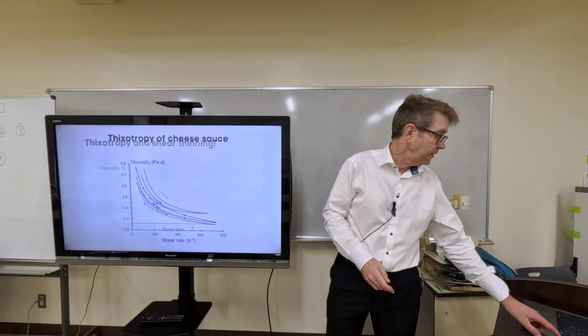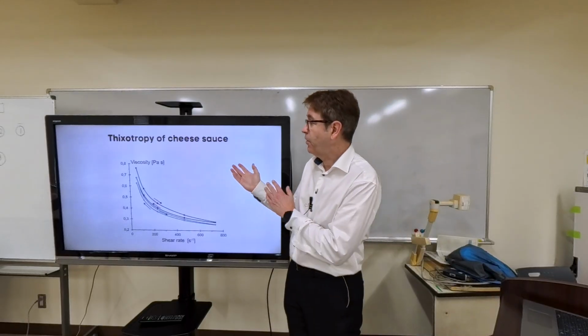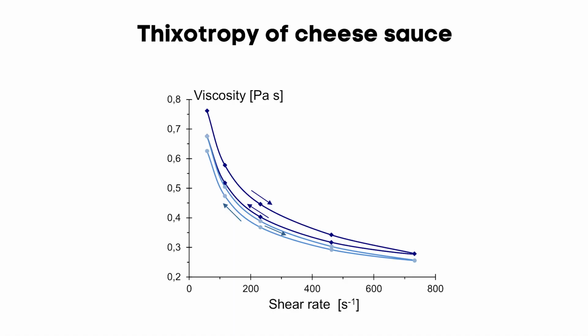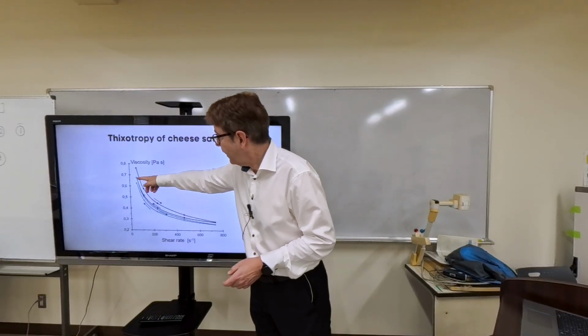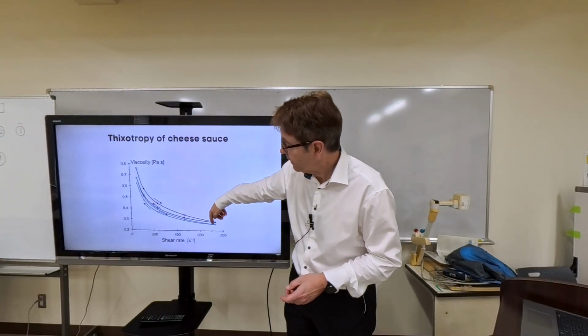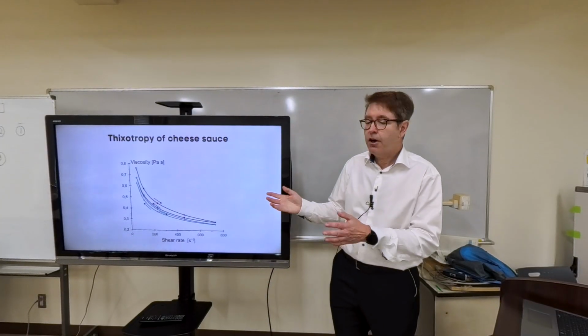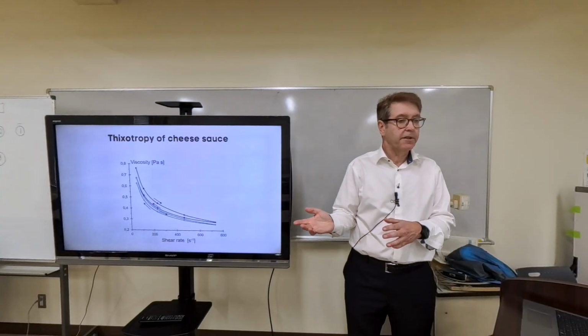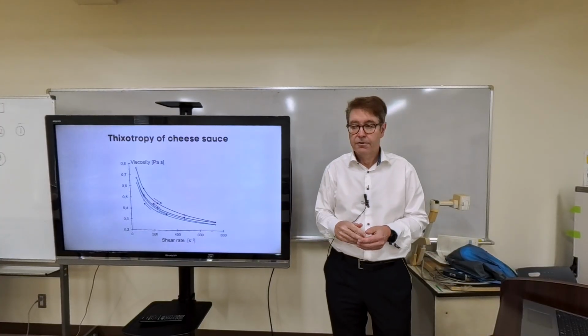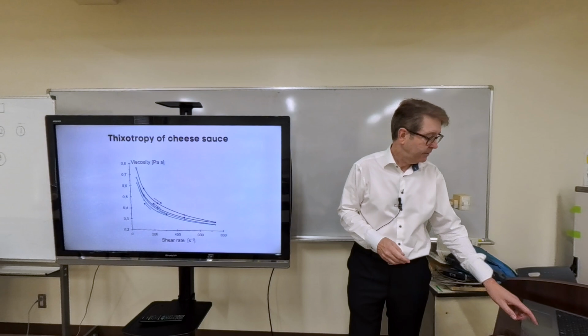You can see this in this sauce, like a cheese sauce. It's the same thing. You have a structure in the starch, you break it down, you go back, and then you do it another time, then you break it down more. So this is a common test to see if you have both shear thinning and thixotropy. So you go up and down in shear rate.